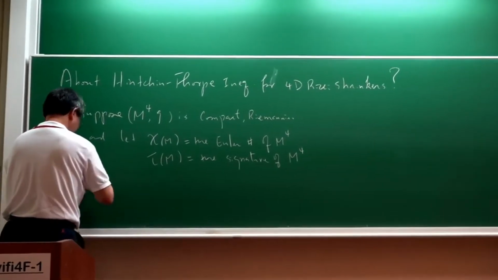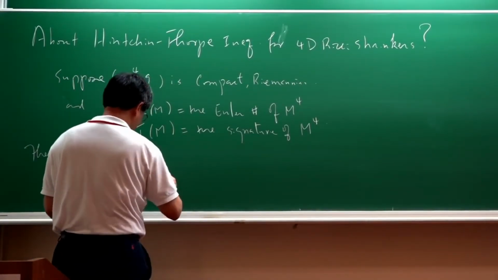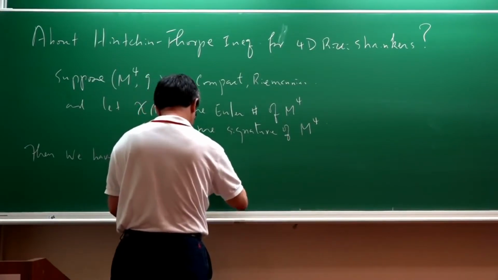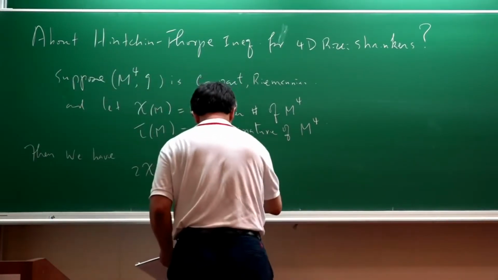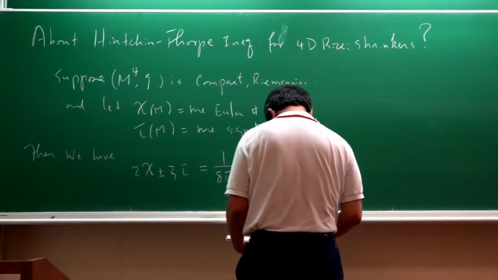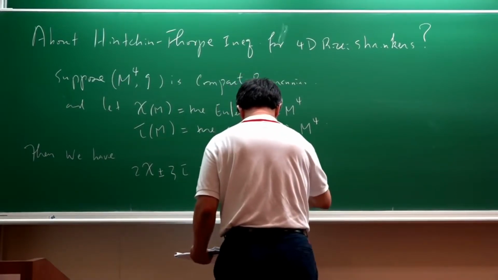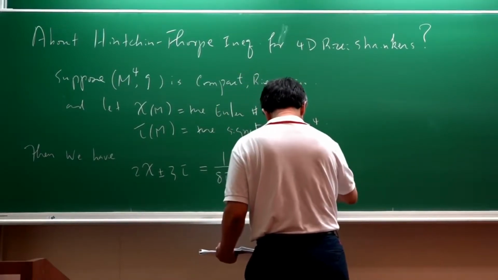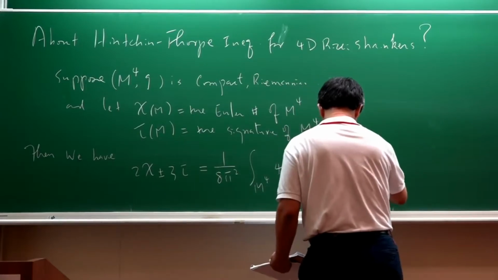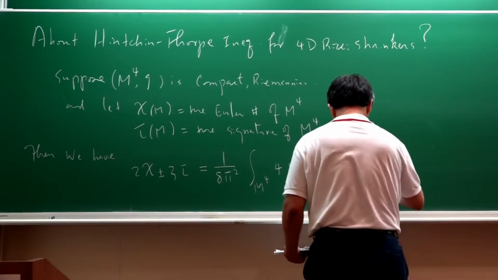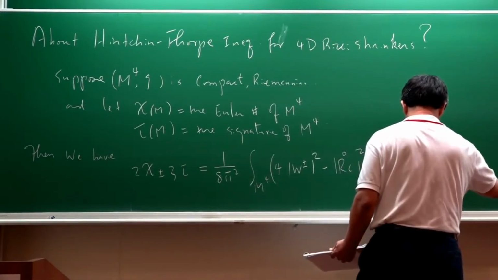Then we have the following: 2 chi plus or minus 3 tau is equal to 1 over 8 pi squared times the integral over M4 of the norm of W plus or minus squared, minus the traceless Ricci squared, plus scalar curvature squared over 12.